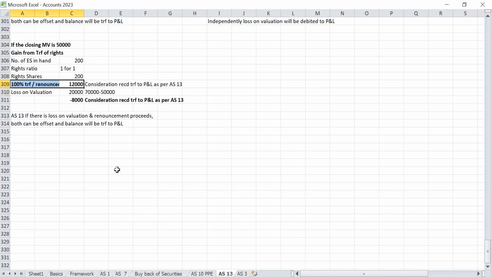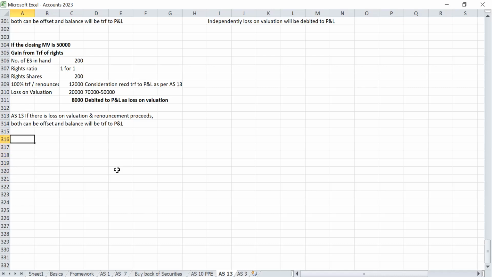But renouncement proceeds are only 12,000. So the balance 8,000 will be debited to profit and loss account as loss on valuation. I think it will take time for you to understand, but still, I have told the concept.